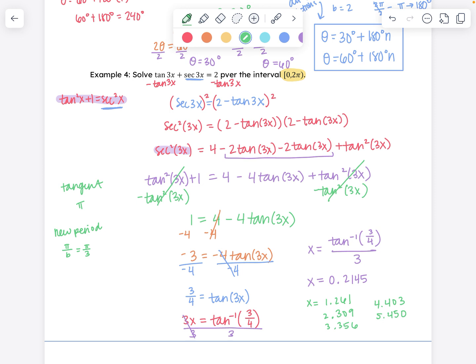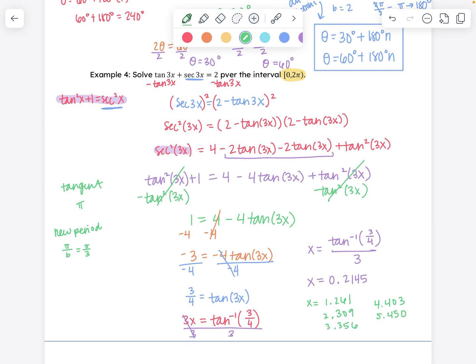Okay, so we've got kind of a lot of answers here. And if I try to add pi over 3 again, I think that one pushes me out of my interval. And from here, it is a good idea to check your answers and plug them back in and see if they actually work in your equation. So if I try to type in tangent of 3 times, let's say, 1.261 plus, so we don't have a secant button on our calculator, but remember secant is 1 over cosine.